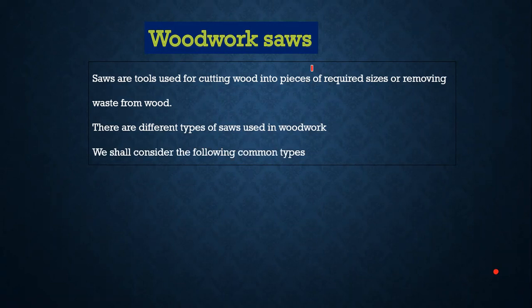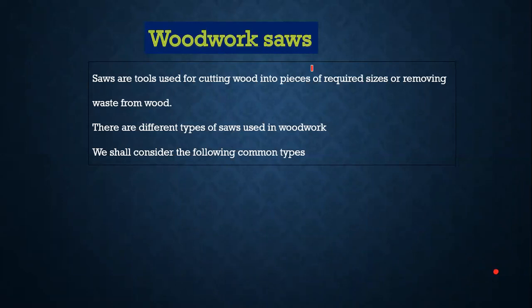You agree with me that most of the artifacts we see in our community, homes, and the school are either completely made of wood or partly made of wood. If you want to join the wooden pieces, you measure them. We looked at that during the last lesson through what we call setting out. That's the process of transferring the measurement.